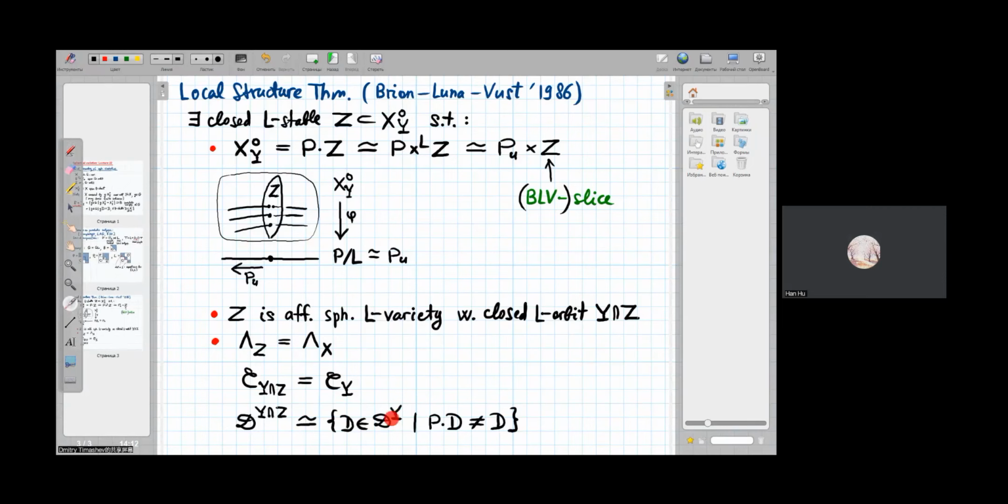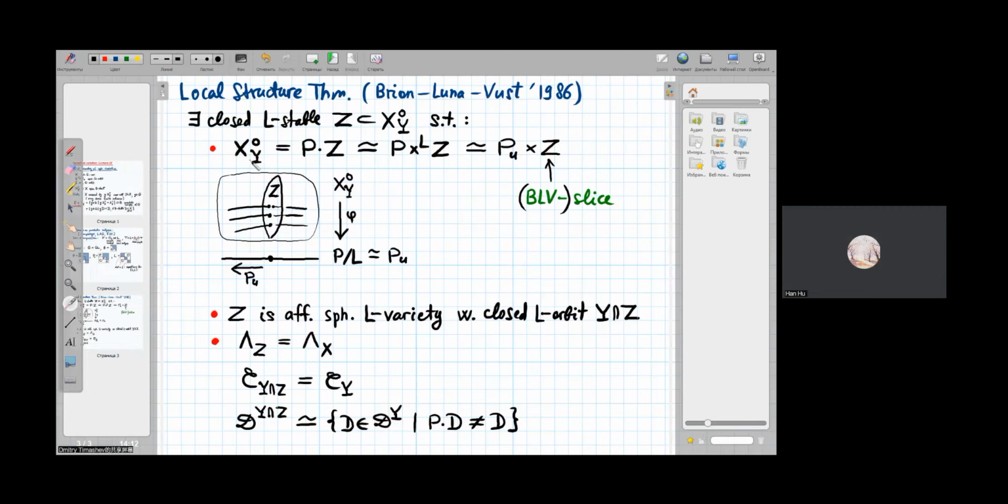We take only those colors which are not stabilized by this parabolic subgroup P. But essentially, the color data of Z are recovered from the color data of X in the neighborhood of Y, that is, the colored cone corresponding to this orbit Y.